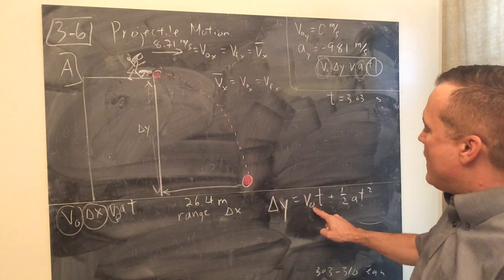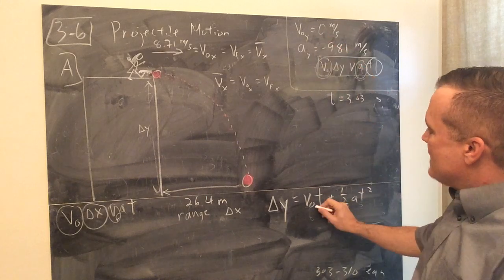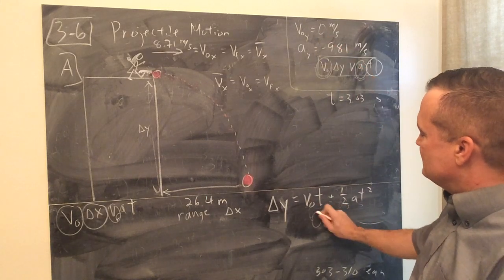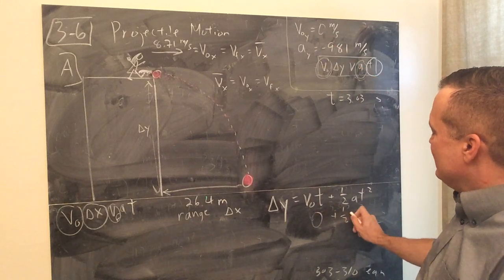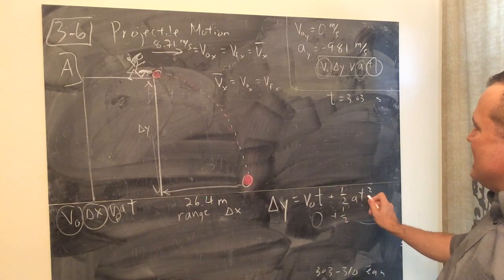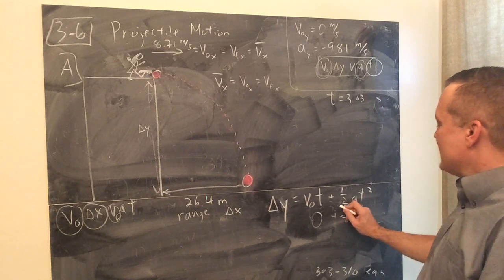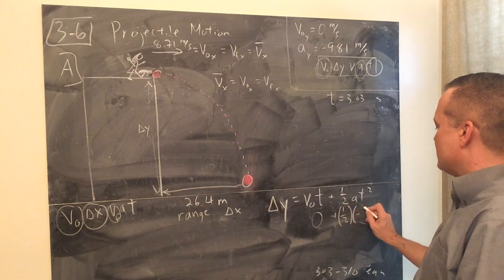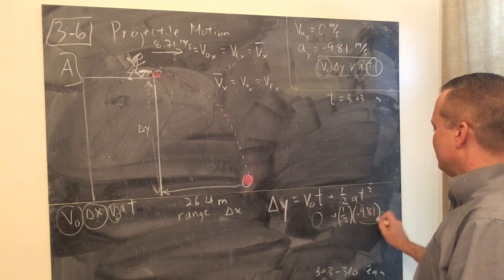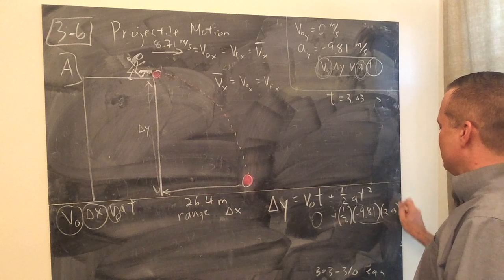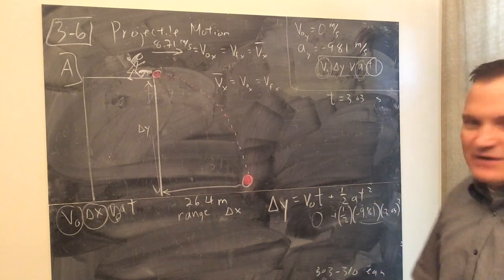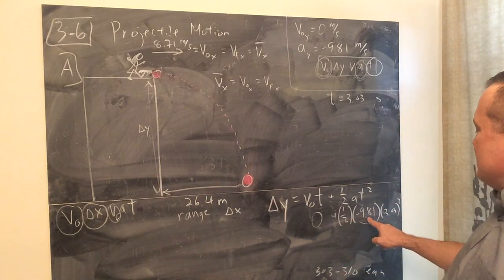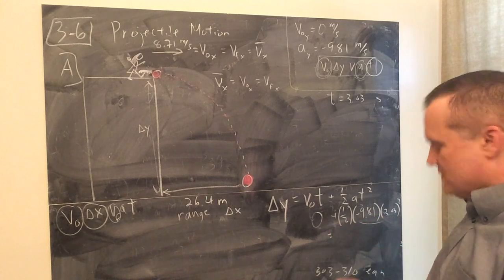It'll be in the y direction. 0 would go in for initial velocity here. That's easy to do. Plus 1/2. And of course, that's negative 9.81. And then you put 3.03 squared. Well, I guess I'm already doing it. I was going to say maybe I ought not do it, but I guess I am doing it here. 0, 1/2, negative 9.81, 3.03 squared.